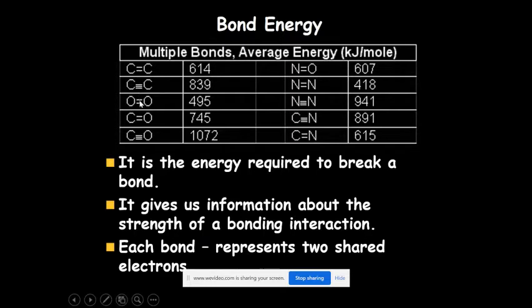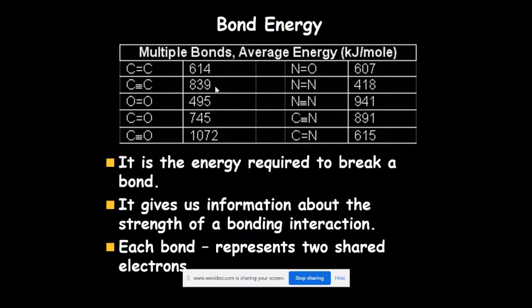Each of these lines represents a bond between these atoms, meaning each line represents two electrons. So we can actually compare the strength of these bonds. This is telling us that a carbon-carbon double bond, two lines means two bonds, takes 614 kilojoules to break, while a triple bond between carbons is 839 kilojoules.